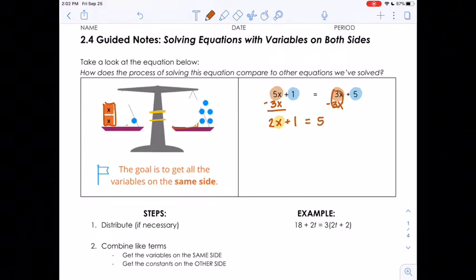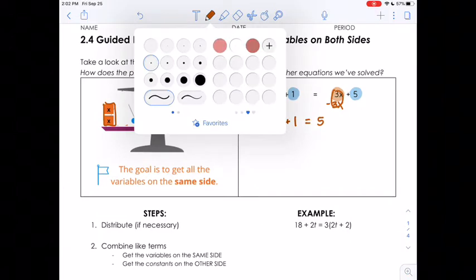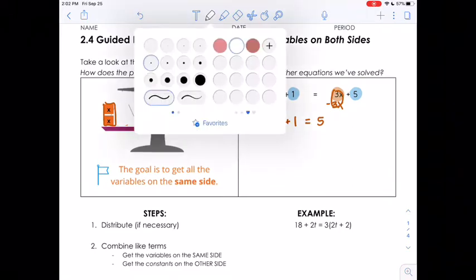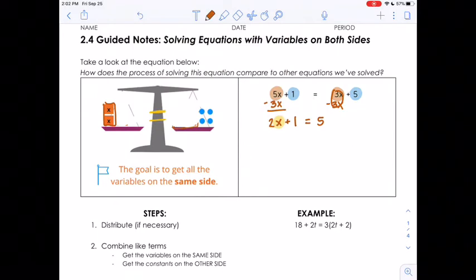By move it, I really mean that if I get rid of this one, and I get rid of this one, we're staying in equilibrium. Mathematically, I subtract the 1 over here, 1 minus 1 is 0, and then I subtract 1 over here, which leaves me with 4 equals, and I'm left with the 2x.